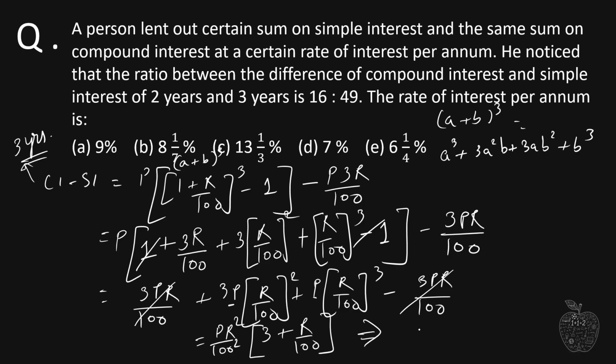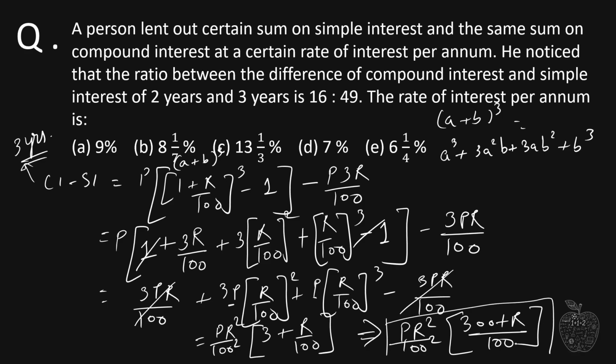So what do we get now? We get PR square over 100 square in bracket, let's take LCM as 100, and we get 300 plus R. And this is how you can derive the formula for the difference between compound interest and simple interest for 3 years.